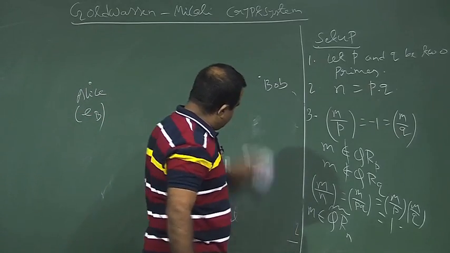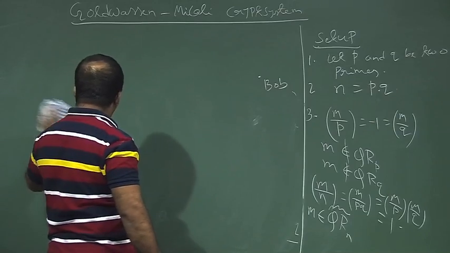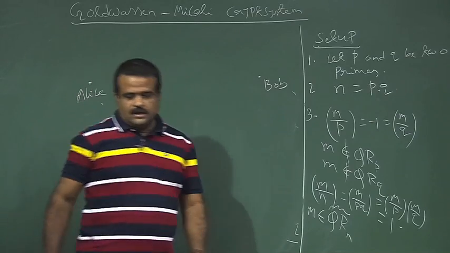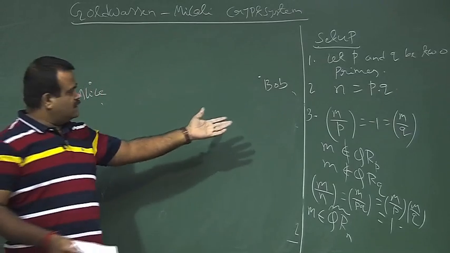Now, after running this setup phase, Bob generates the key.